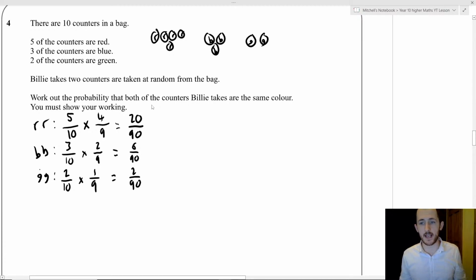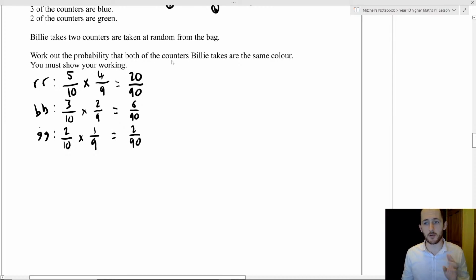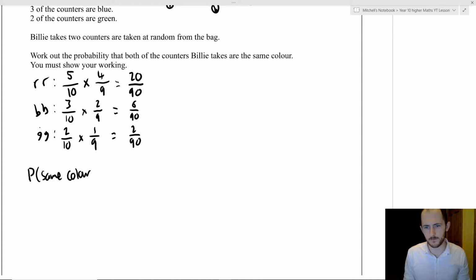Okay. Now once again, we're looking for the probability that both counters are the same colour. Not that they're red, red, blue, blue, or green, green. Right? So we need to add all of these together. So 20 over 90.